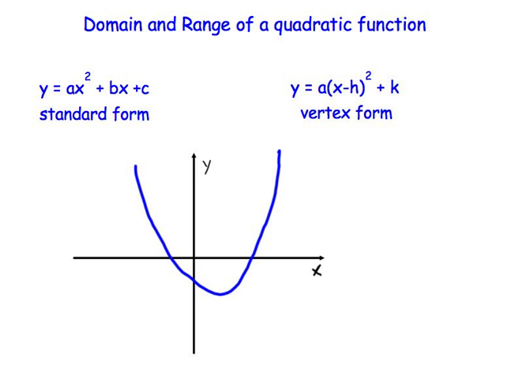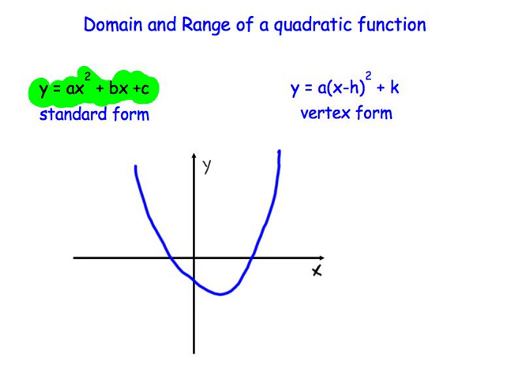Okay, quadratic function. There are two types of equations selected here. The standard form: y is equal to ax squared plus bx plus c. a represents the coefficient that defines the direction of the opening of the graph.